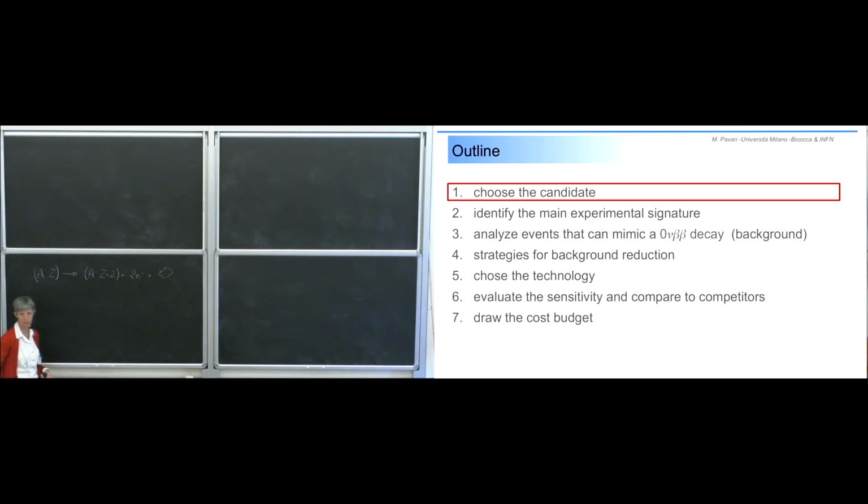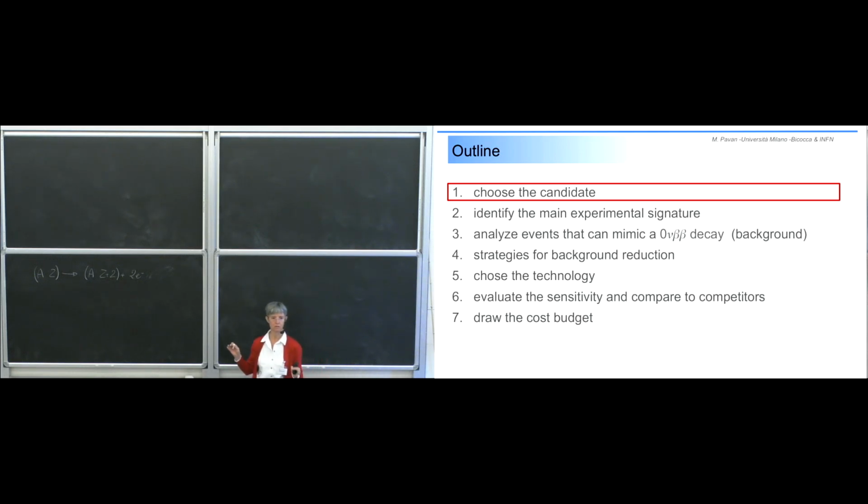This is the decay we want to study, and the channel in which we are interested is the one without neutrinos, but keep in mind that we also have the possibility of emitting two neutrinos. I focus here on double beta decay with the emission of two electrons, but you can also have double capture, or the mixed emission of capture and beta plus emission, or two positron emission. So you have all the channels.